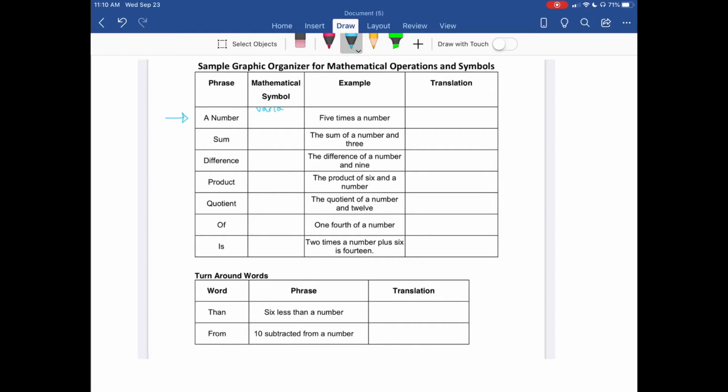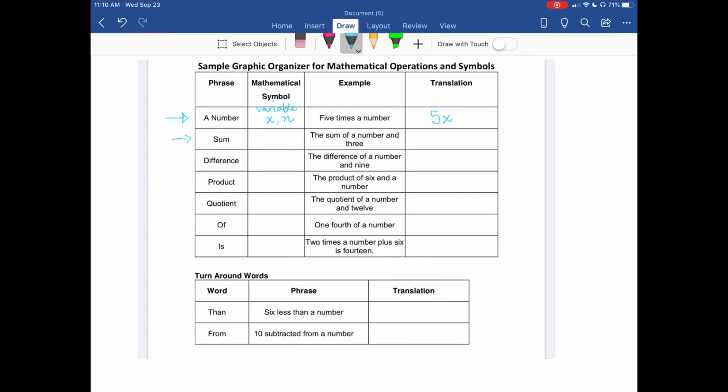And that variable can be any one of the 26 letters in the alphabet, X or N or whatever you want. So when we have this example, 5 times a number, we could write that as 5 times X. We know that we're taking the product, or just 5X. Standard is that the number usually comes before the variable.